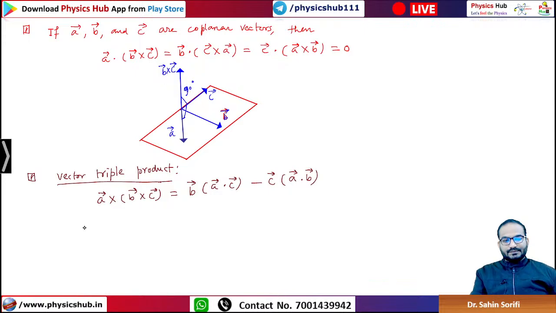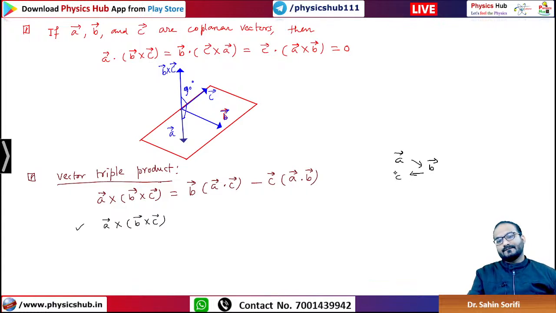It also follows an important property. A cross B cross C plus B cross C cross A plus C cross A cross B. If you remember this one, it will be easier to write the cyclic thing. We start with A cross B cross C, then B cross C cross A, then we start with C, so C cross what is left, A and B. If you write it in this way, it will be easier to remember.